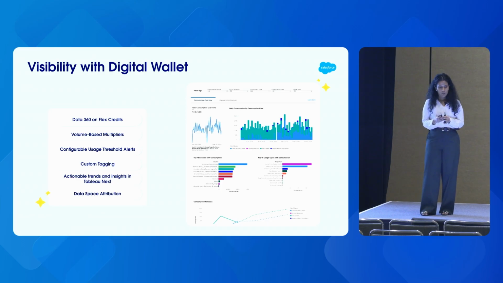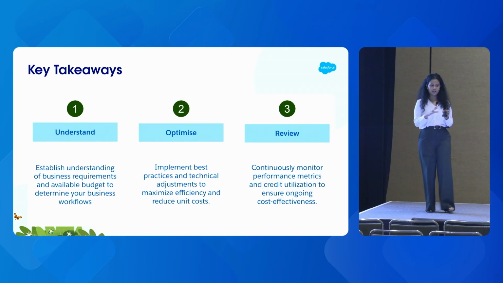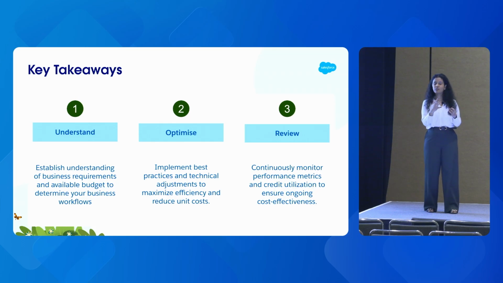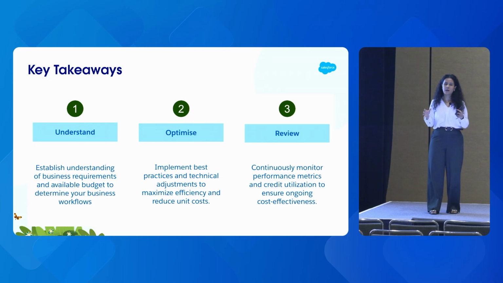All right, moving ahead. Here are some key takeaways from our entire session. We have understood the problem first of all: what exactly credit consumption is, and the black box problem we face with Data 360, because we are not aware of our credits and credit consumption.